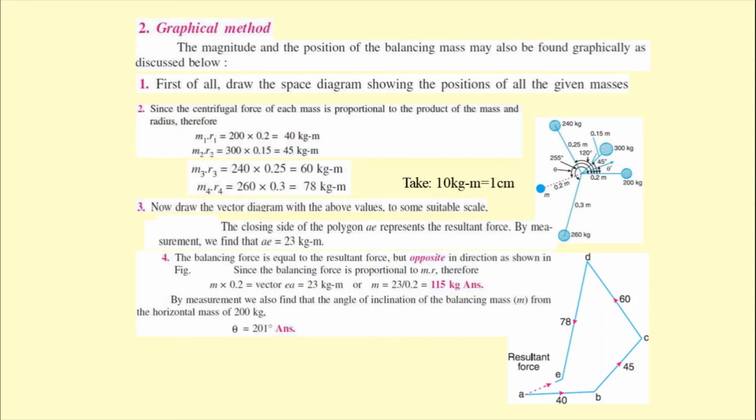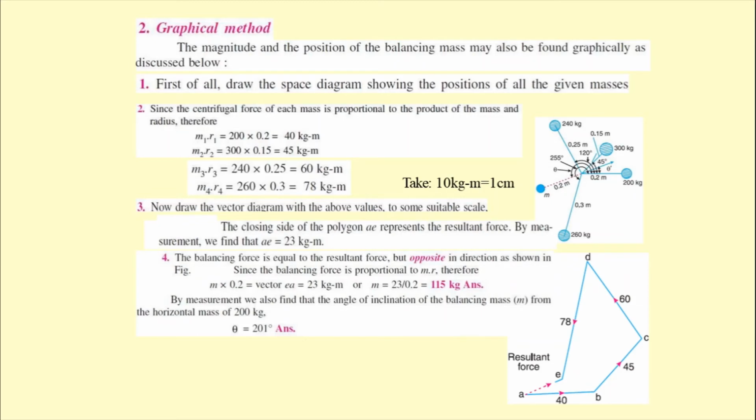Now in the problem, it has been given itself that this particular unbalanced force is to be balanced by a balancing mass which is having a radius of rotation of 0.2 meter. So that balancing mass M into 0.2 should be equal to 23 kg meter.